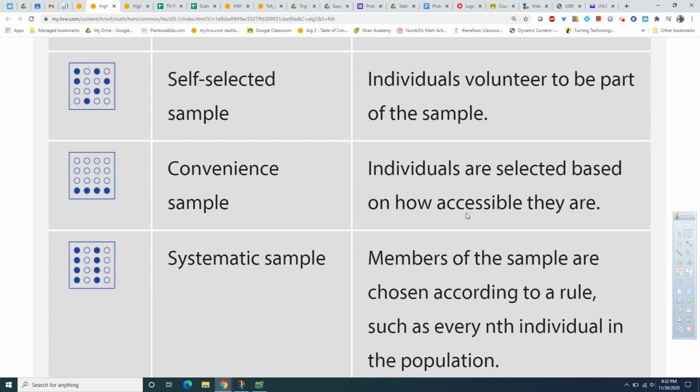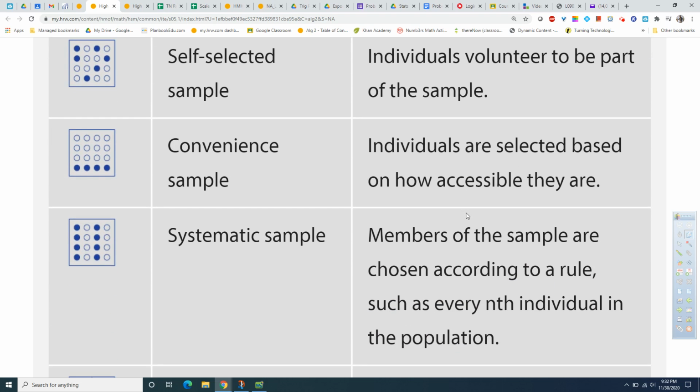Then convenience sample. Okay, well, let's say I wanted to know something about how the whole school feels about something. Well, but I don't want to mess with going out and trying to get a representative random sampling from all the different groups in the school. I just decided to survey one of my classes. Well, one of my classes is an honors algebra 2 class. And mostly 11th graders, a few 10th graders, right?